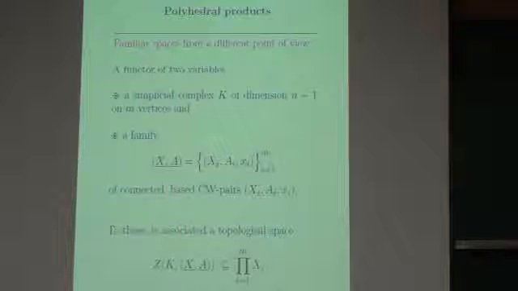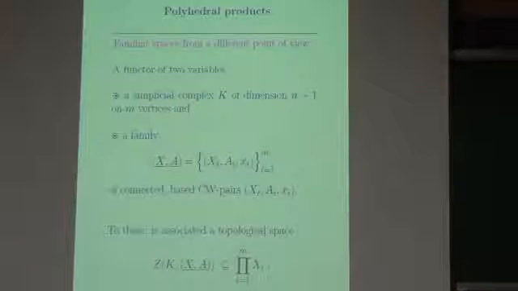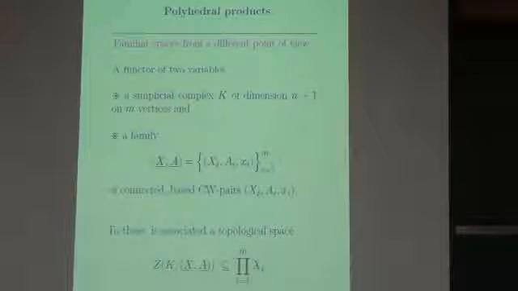And the polyhedral product is a functor of two variables, a simplicial complex, and the simplicial complex in my talk always has dimension n-1. So, I want to record these numbers.